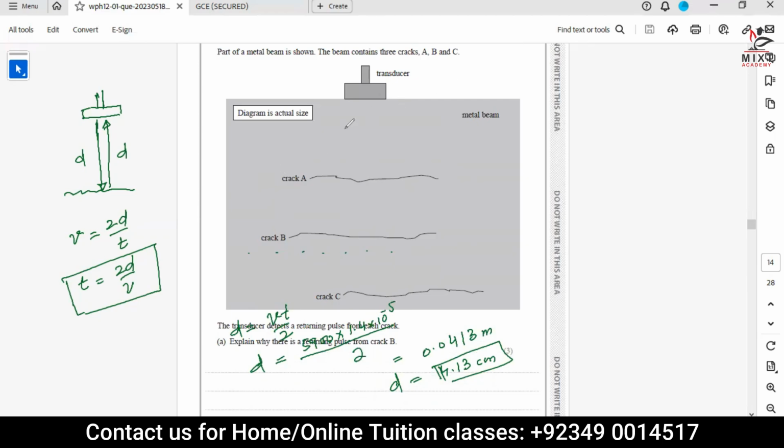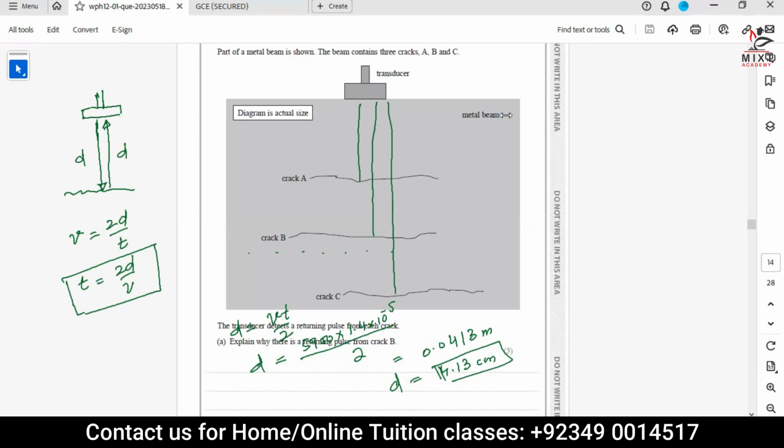Is this distance 4.1, or this, or this? What do you think? Any guess? The first one? Okay. Is that your guess or have you measured? I didn't measure. Okay, you didn't measure.